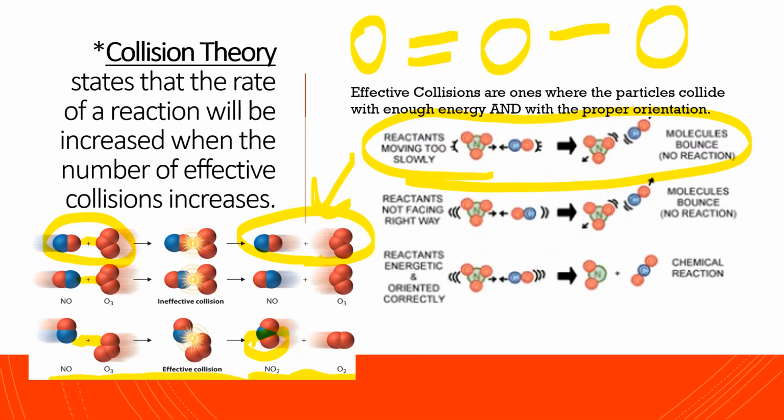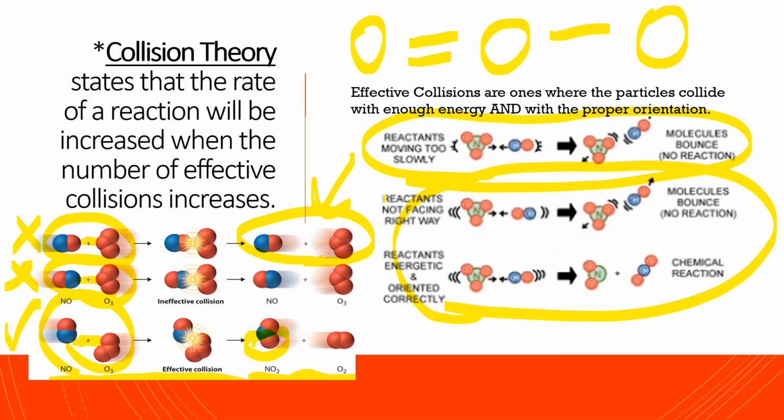The whole idea is that there are fewer bonds being broken in this example than in this example. Therefore, this middle one, no reaction. Top one, no reaction. But this bottom one right here, we do have the correct orientation. You get a reaction. You can also look at the other examples here. This one, no reaction. This one, reaction. If you want to take some time, pause the video and check those collisions out.